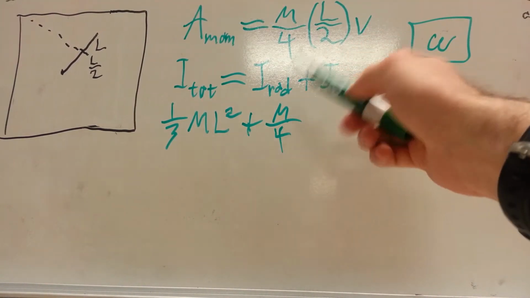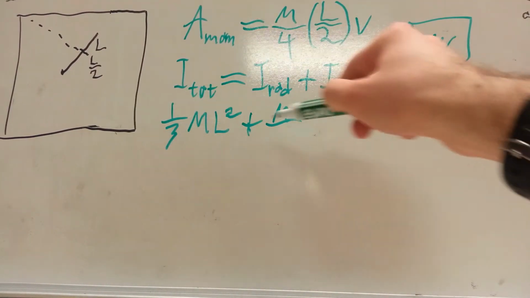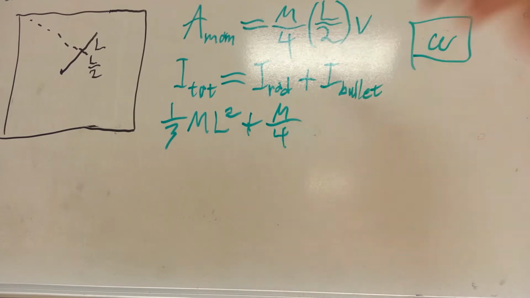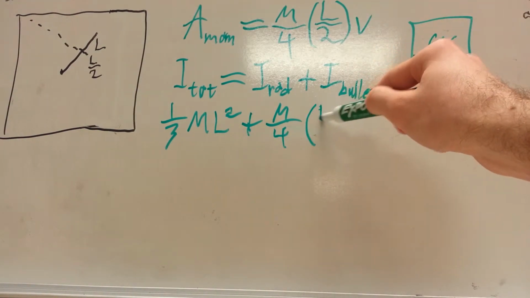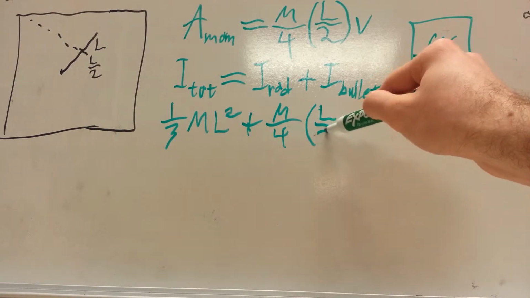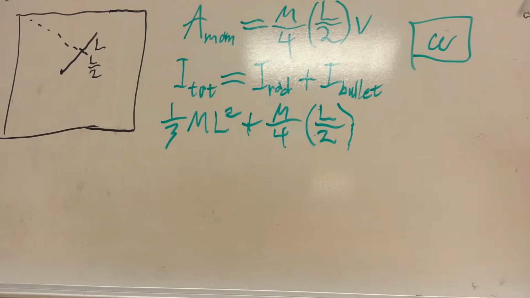There's no mass distribution, so it doesn't need a fraction out front like this does. Over 4. In real life, of course, there would be a mass distribution, but, you know, it's kind of like the frictionless table. It's a lot easier this way.